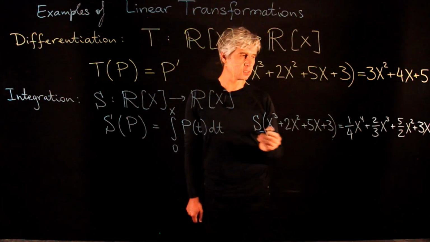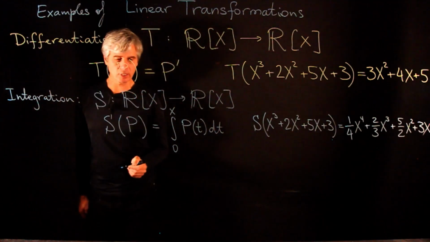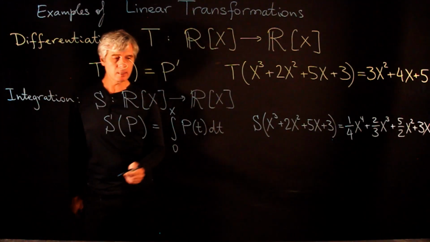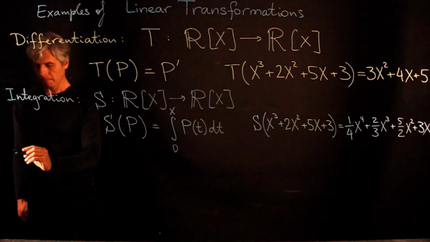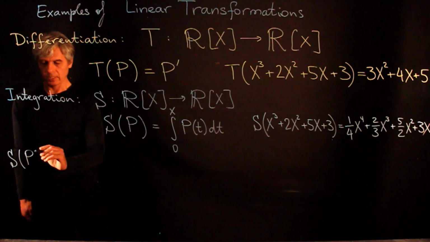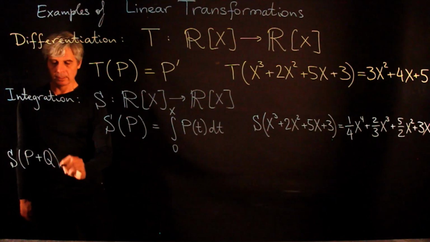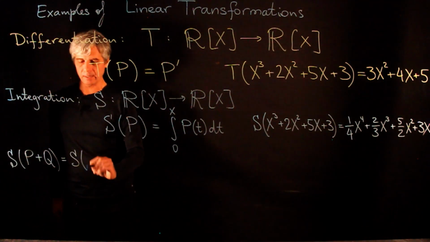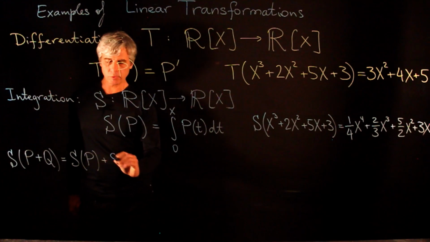So this is the antiderivative transformation. And again, we can check that it's linear, so that S of P plus Q is equal to S of P plus S of Q.